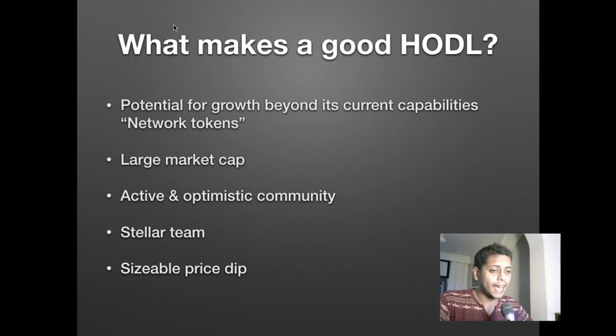The people behind the idea make the idea a reality. And you cannot overlook this when you are looking at investing in any coin, but especially a long-term hold where you are going to put money down, not really touch it, and hope that this money helps further the cause of this project.